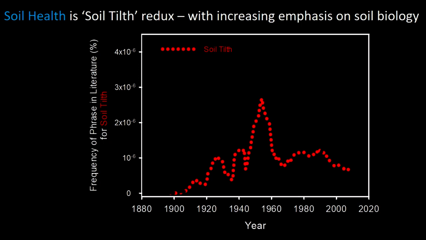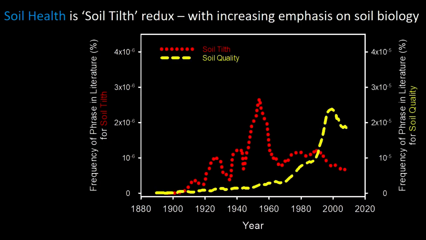And you see this trend of soil tilth peaks in the late 40s and then starts to go down in use. If we look at soil quality, it starts out slow and then starts to increase. I had to put it on a different scale, an order of magnitude different, just because it is overall higher, but just to show you the relative changes, I've put it on the right axis here.